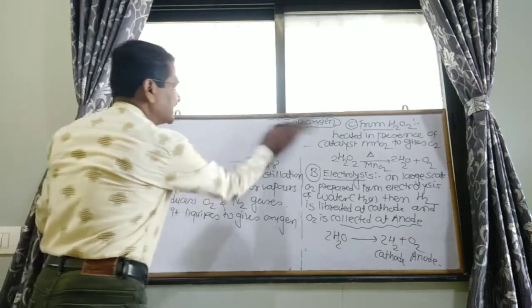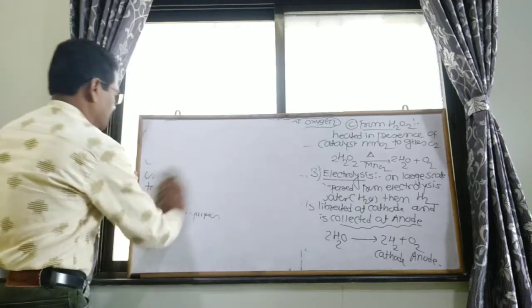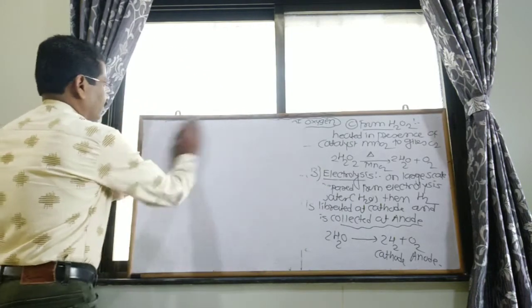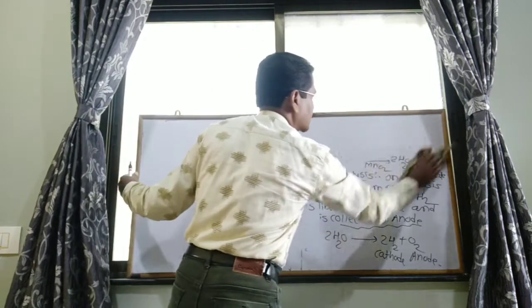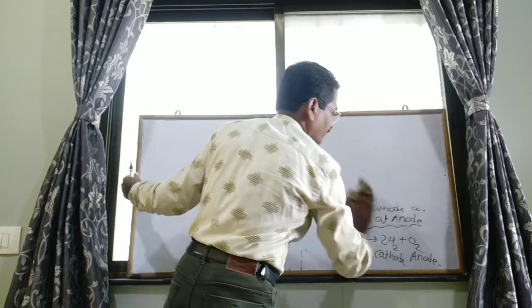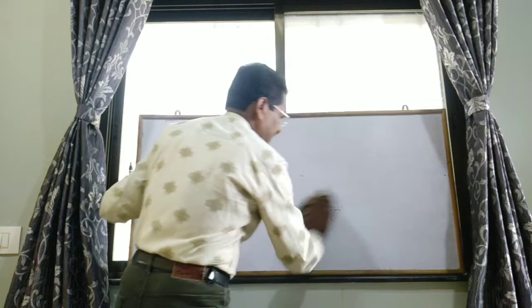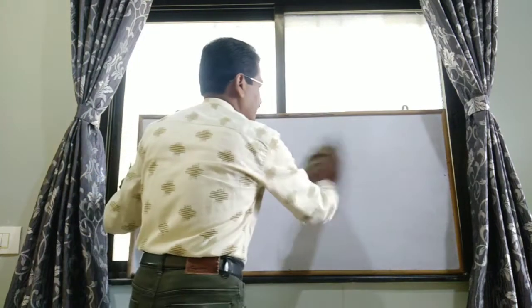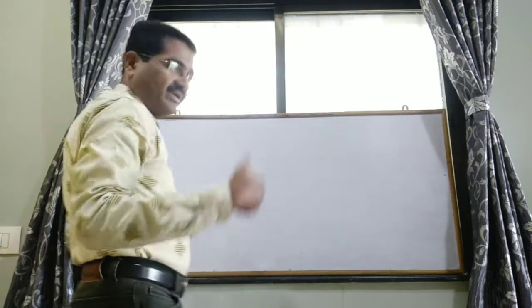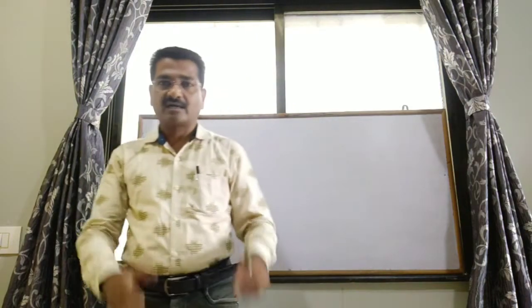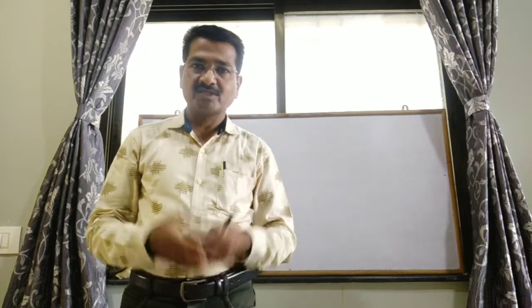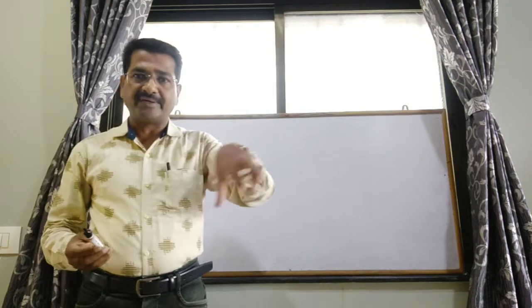Then see the physical properties of oxygen. Generally, in physical properties we describe color, odor, solubility, that is, the external appearance.